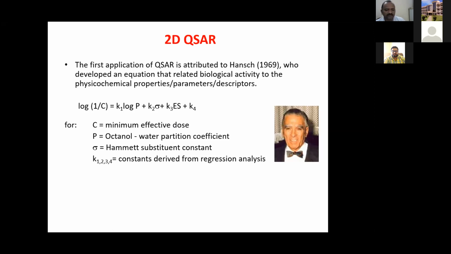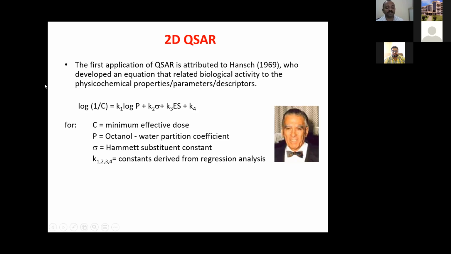Okay, so now this is what we can understand from the 2D QSAR. Finally we optimize the model and come out with a better model. That means we define what K1, K2, K3 are, which indicates how much of that particular parameter should be there in that particular set of molecules to exhibit optimal biological activity.